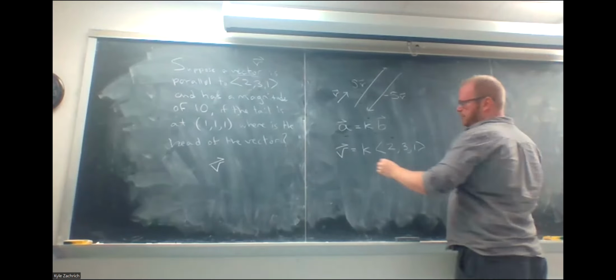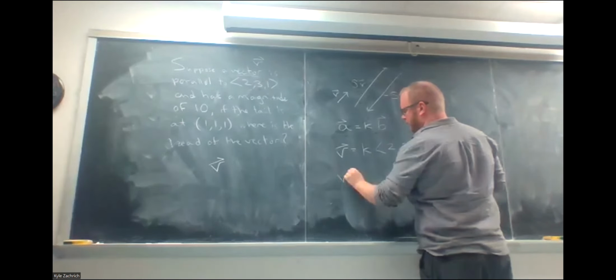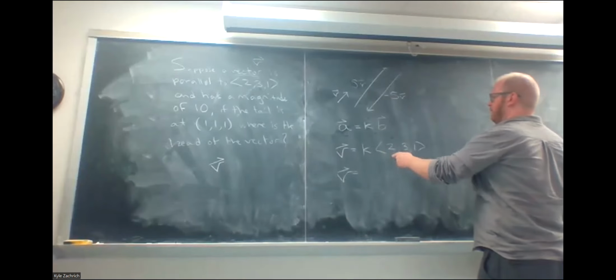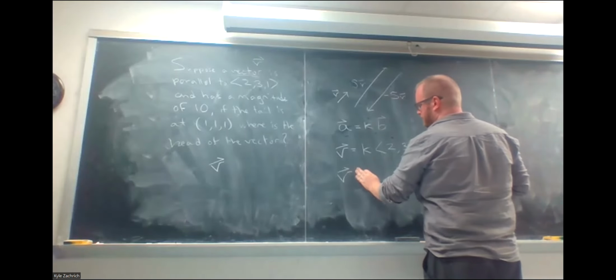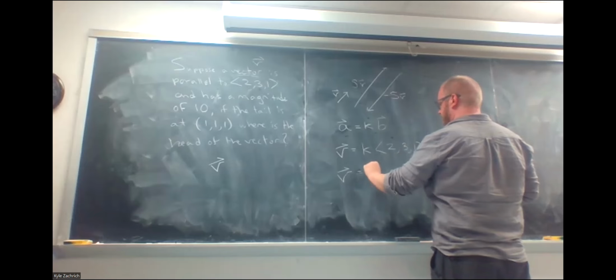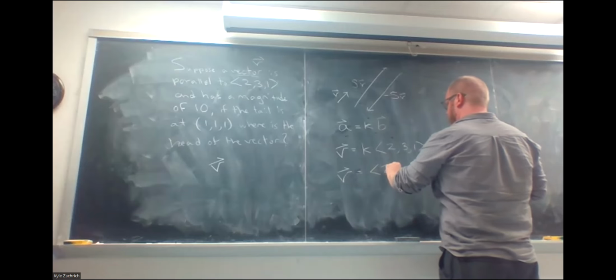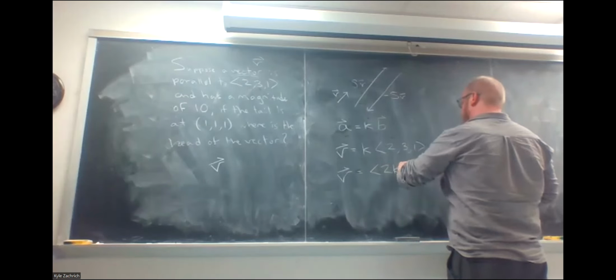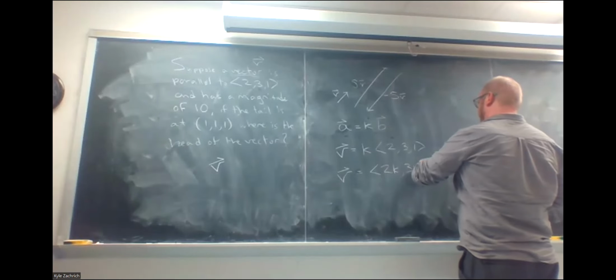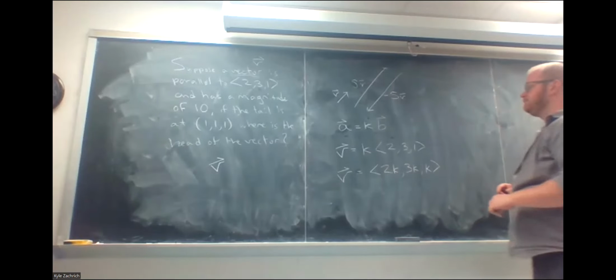Another way to write this would be, we multiply this k by all of these, so this is 2k, 3k, 1k.